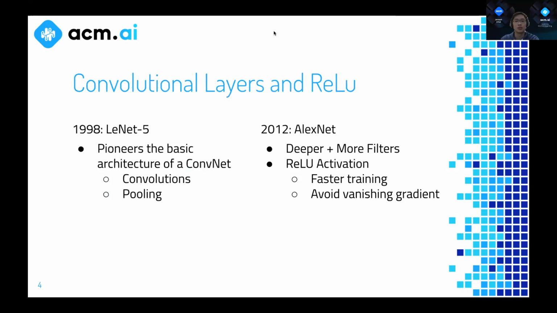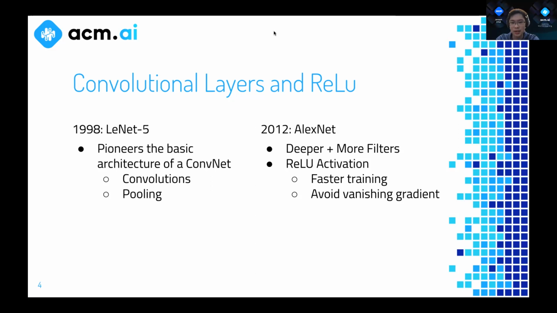So let's fast forward to 2012, which is when AlexNet was created. So this is the time when CNNs really took off. And the unique thing about AlexNet is it has more layers, and each layer has more filters. So what this enables AlexNet to do is to learn a larger number of more complex features.